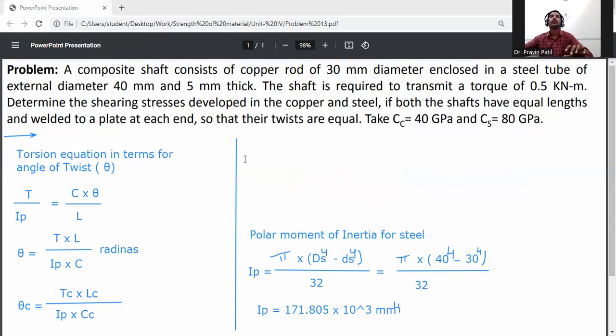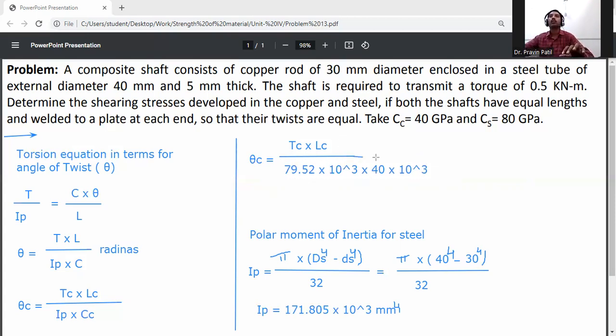Theta C is equal to TC into LC divided by the polar moment of inertia for copper that we calculated, so this one it is 79.52 into 10 raised to the power 3, into the modulus of rigidity of copper, it is 40 into 10 raised to the power 3.